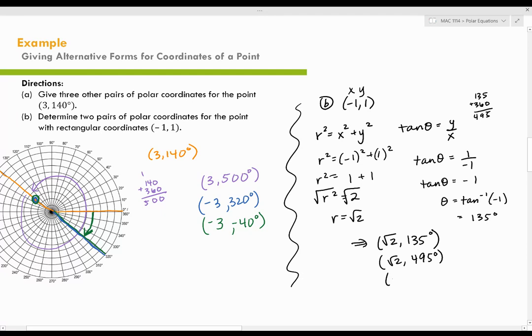So I could also say square root of 2, -225. You could get -225 because you know that tangent is negative in 2 quadrants: the second quadrant, and also the fourth quadrant. So I could use this, and I can move backwards. Any angle that's coterminal with 135 degrees would have worked. Okay, cool.